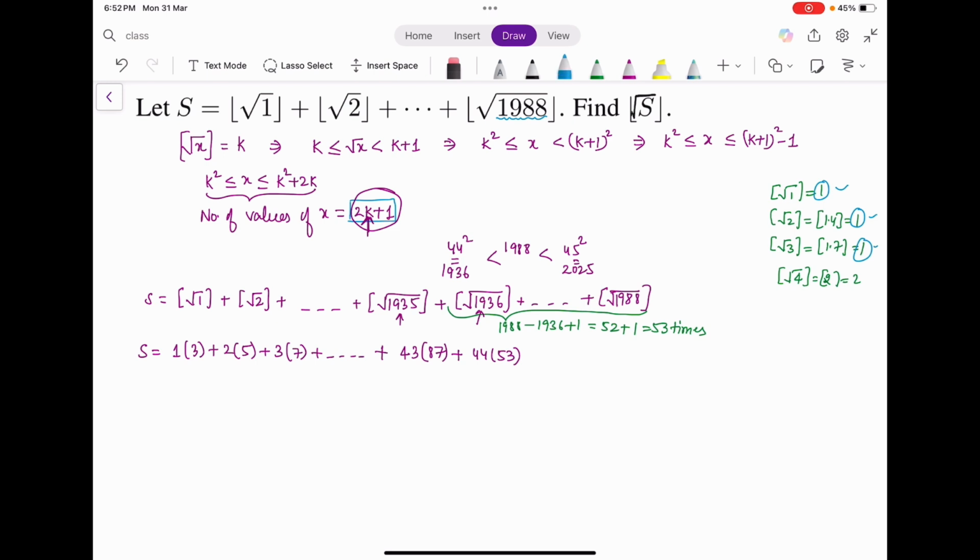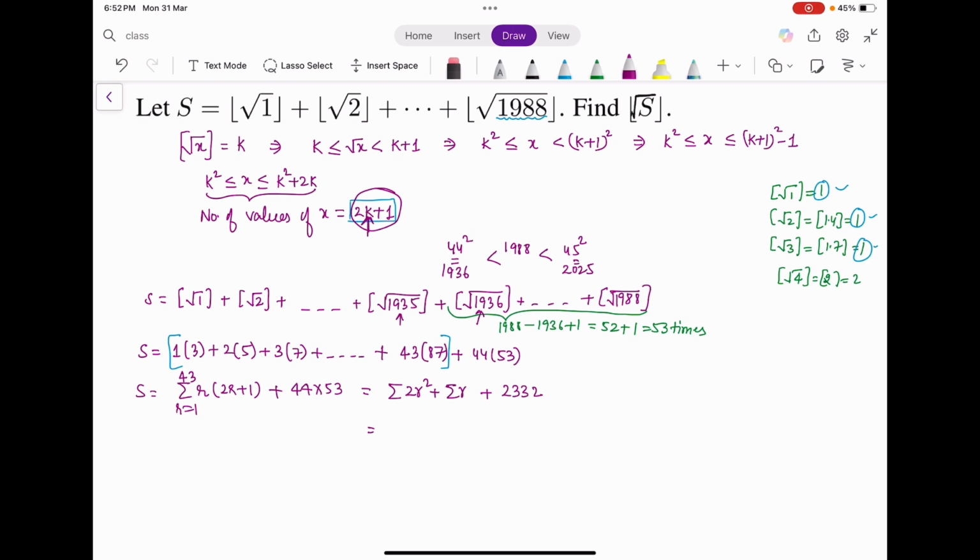So let us focus from the start up to this point, and this reduces to a general sigma r times (2r plus 1), r from 1 to 43, and the last term separately, 44 into 53. So we can write this as sigma 2r square plus sigma r plus 44 into 53, which is 2332.